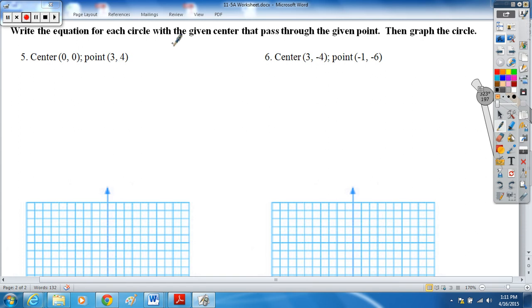So if I was to graph this, it would look something like this. 1, 2, 3, 1, 2, 3, 4. Okay? And it probably, now know that this is your radius length. It probably goes something like that. Okay? If I was to graph it. And so as a result, what can we do with these points?